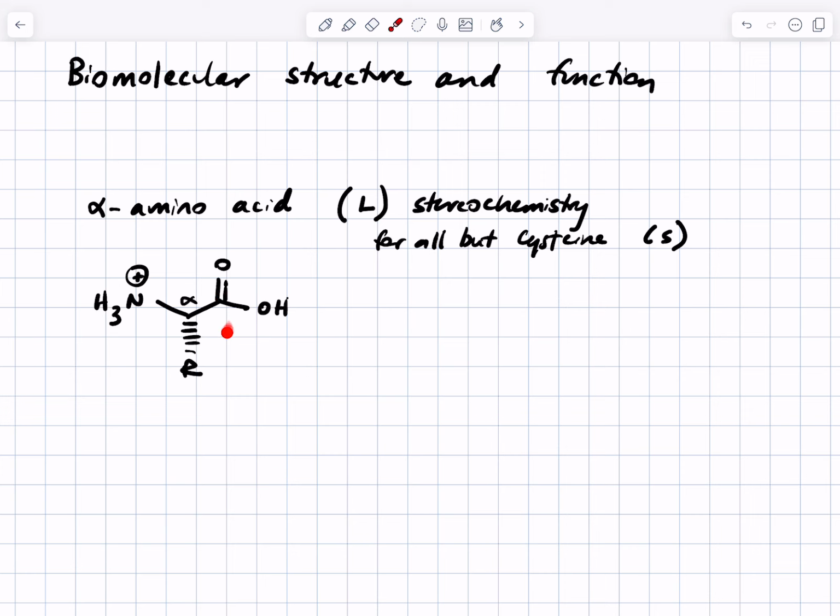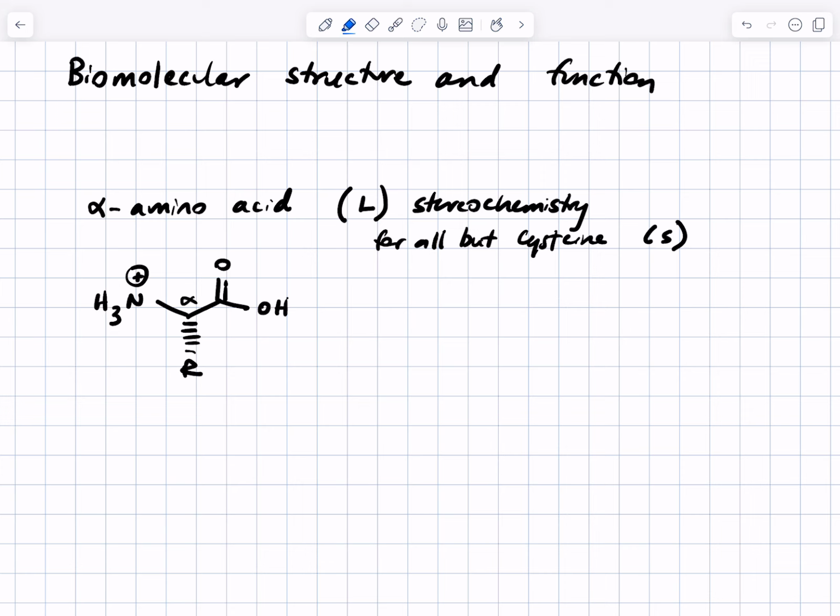Looks like it should be R, but proton is up, so it's S. Cysteine, the amino acid cysteine, is R because its side chain has a sulfur, and so it wins in a priority battle. That doesn't necessarily matter, but all of the 20 amino acids have this stereochemical configuration.